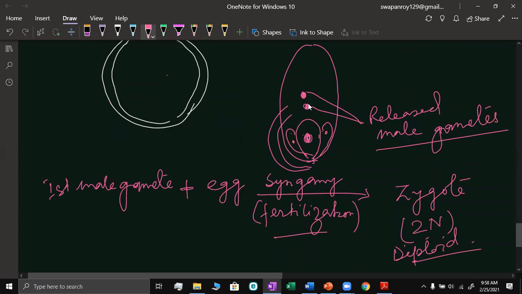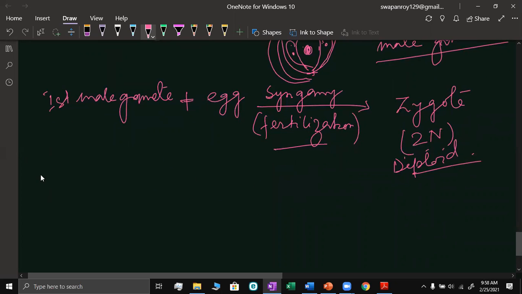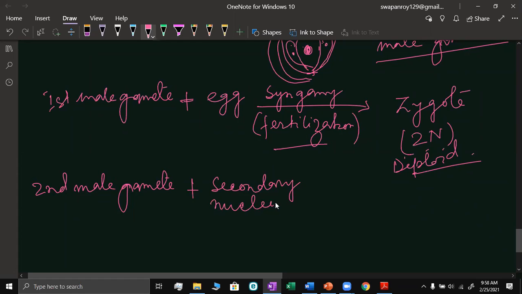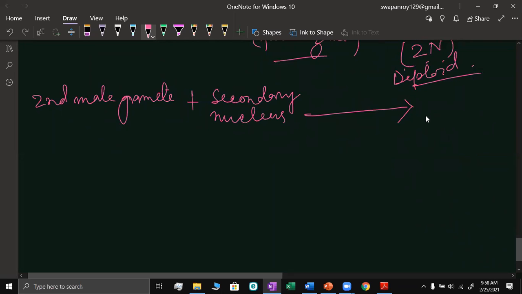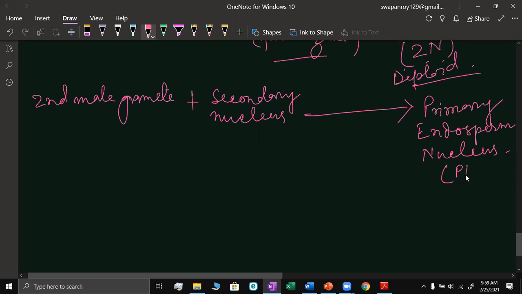The second male gamete fuses with the secondary nucleus, and this forms the primary endosperm nucleus, sometimes called PEN, you can remember it like this also.